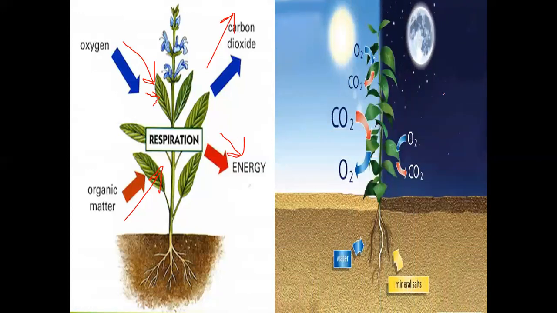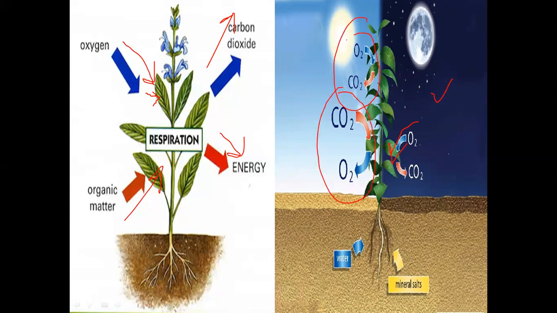Okay, if you see here, in the night time, what happened? Oxygen is taken in and carbon dioxide is taken out as a result of respiration, because there is no sunlight, so there is no photosynthesis. But in the daytime, plants do respiration as well as photosynthesis at the same time.